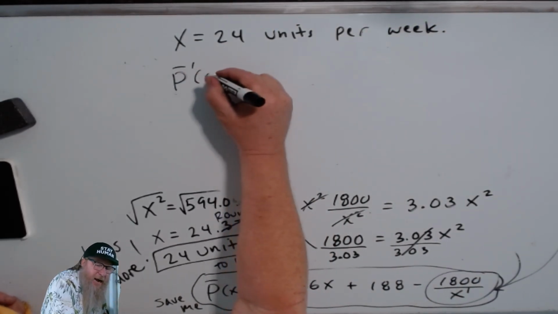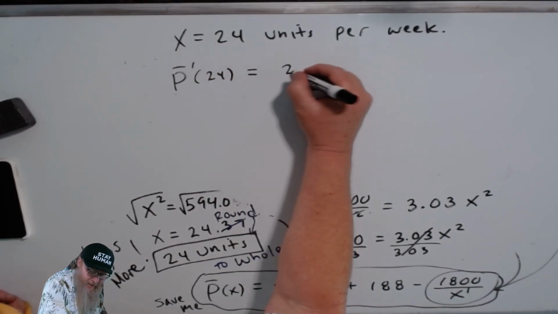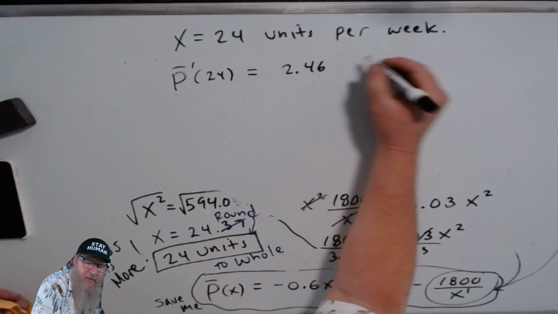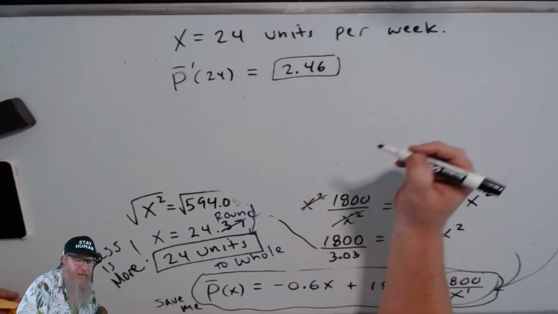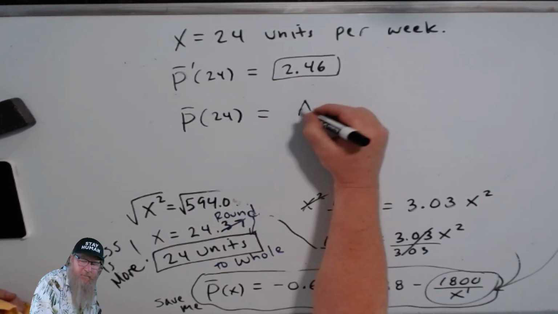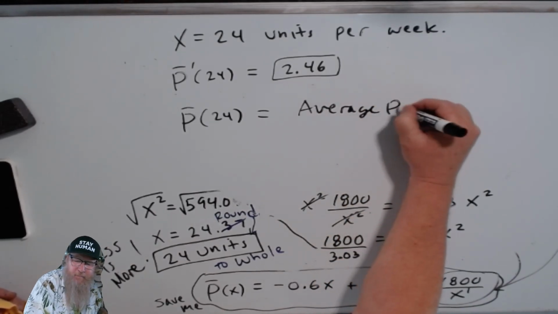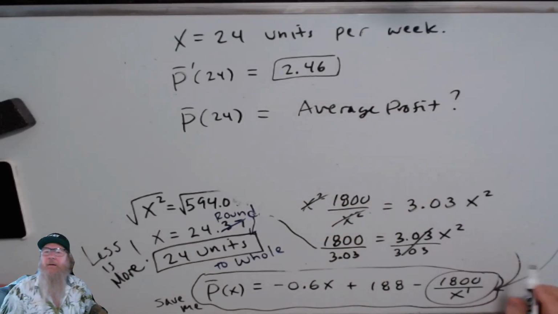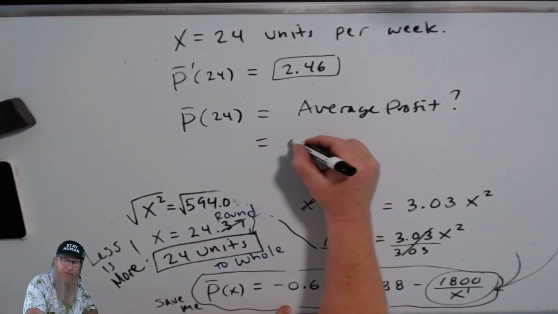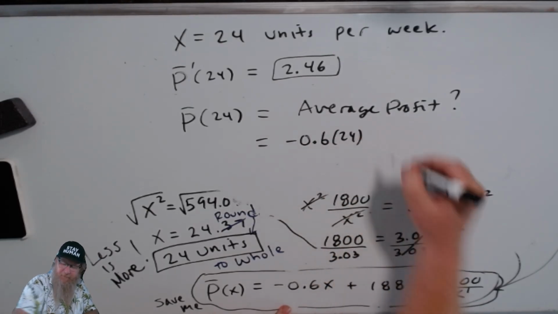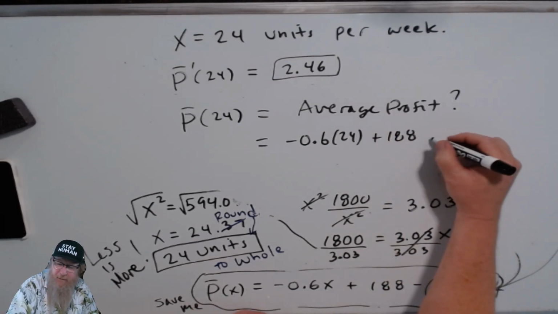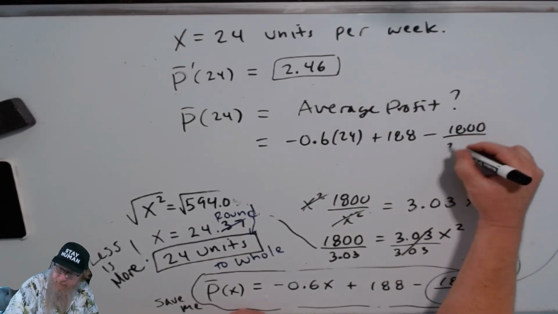P bar hat of 24 will be $2.46. What is the average profit of 24? That's why I saved this. So this will be negative 0.6 times 24. No calculus here, just algebra. 1,800 over 24.